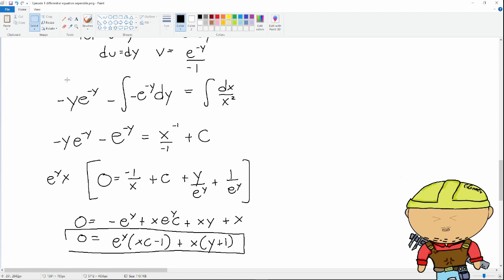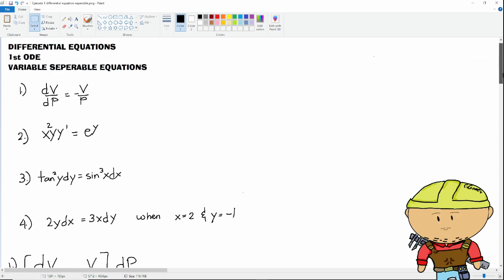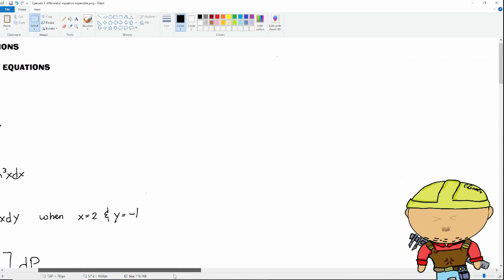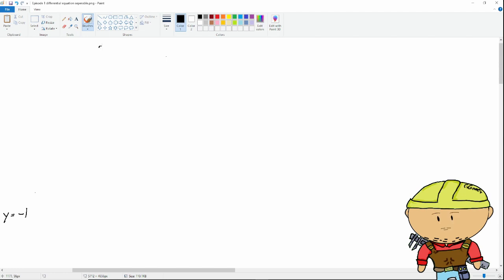We can now solve number 3. For number 3, what problem do we have? Tangent square y dy and sine cube x dx. Notice that in this problem, both terms are already separated: the y variables are on the left side, and the x variables are on the right side.